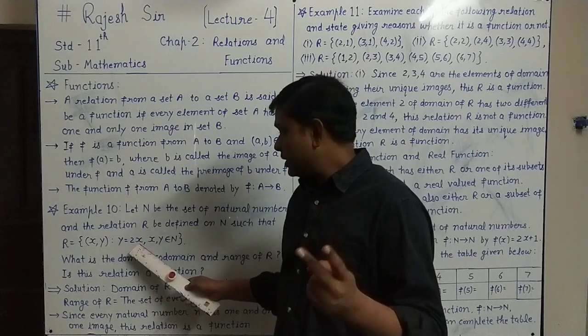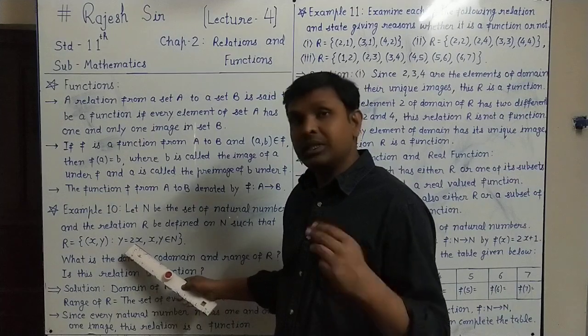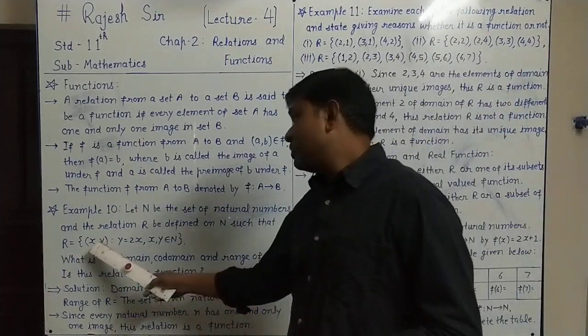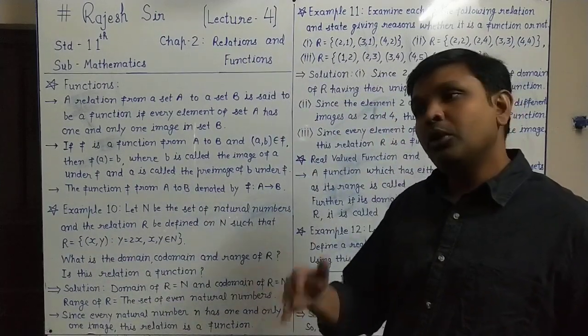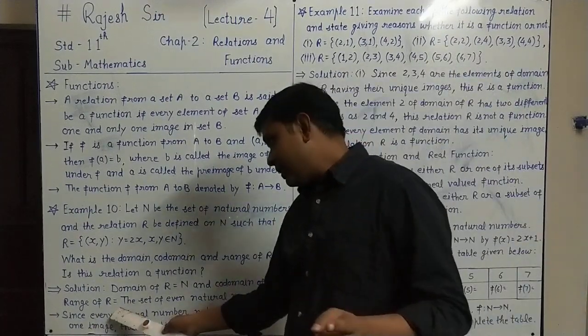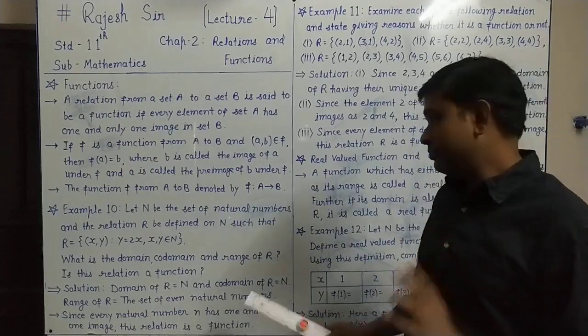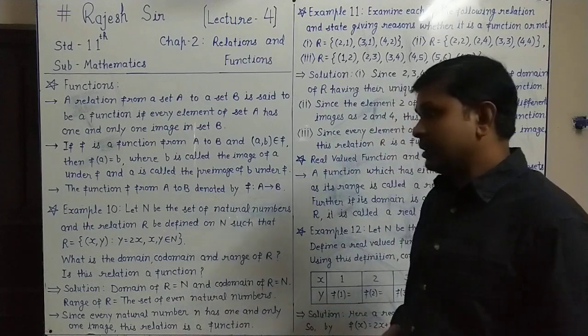If x = 2, 2 twos are 4. If x = 3, 2 threes are 6. This means all the even numbers will be in the relation, and the second elements will always be even natural numbers. So the range of R is the set of even natural numbers. This way we have written the domain, codomain and range, the first answer.